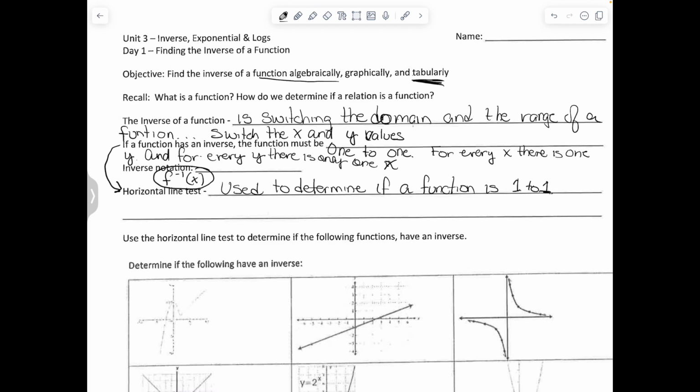If a horizontal line only hits a graph in one place, then it is a 1-to-1 function.